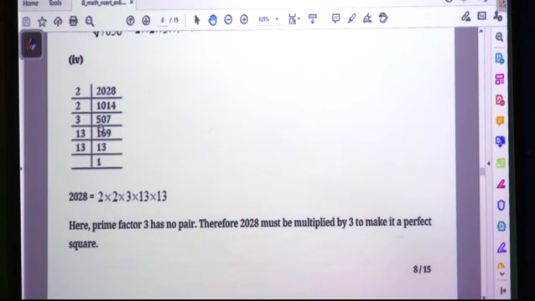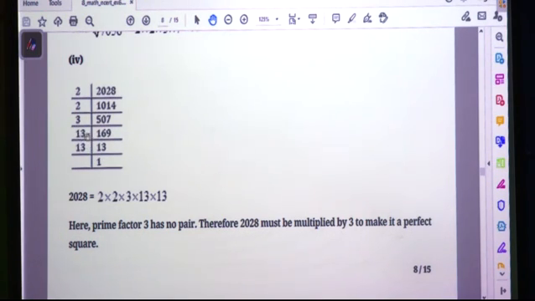Next step, now by 3, because this is not an even value, it is ending with 7. 3 1s are 3, 2 remaining. So, next value is becoming 20, 3 6s are 18, 2 remaining, it becomes 27, 3 9s are 27, it is becoming 169. And 169, whether it is divisible by 3, let us add all the digits. 9 plus 1 is 10, 10 plus 6 is 16, 16 is not a multiple of 3. What we have checked? The criteria for divisibility by 3.